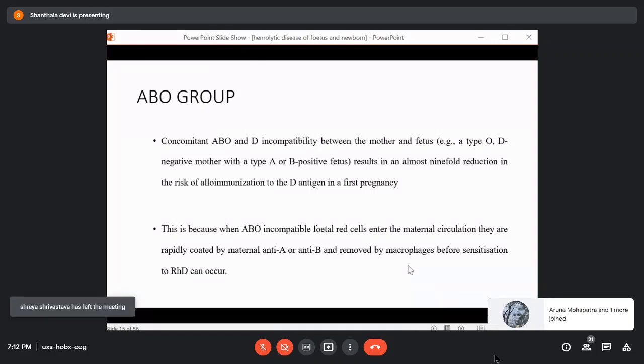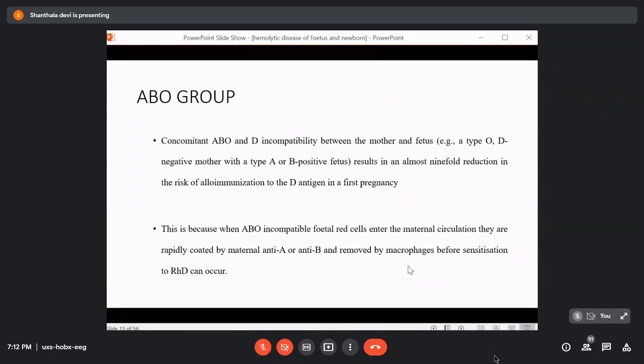If the mother is O negative and the baby is A or B positive, there is both ABO as well as Rh incompatibility. This decreases the severity of the Rh incompatibility because when these fetal cells enter the maternal circulation, they are cleared away by the maternal anti-A and anti-B, and they are removed by the macrophages before the sensitization to the D antigen can occur.